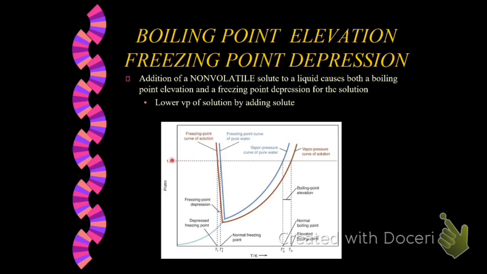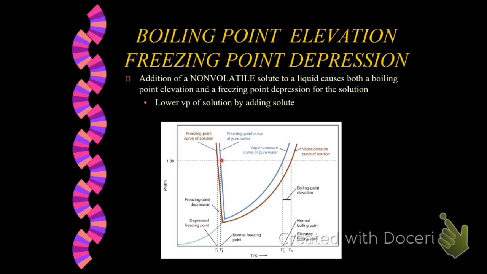As I start coming across my axis here, I hit the solution curve before I hit the pure solvent curve when I am looking at the freezing point. So the freezing point for the solution is lower than its pure solvent.